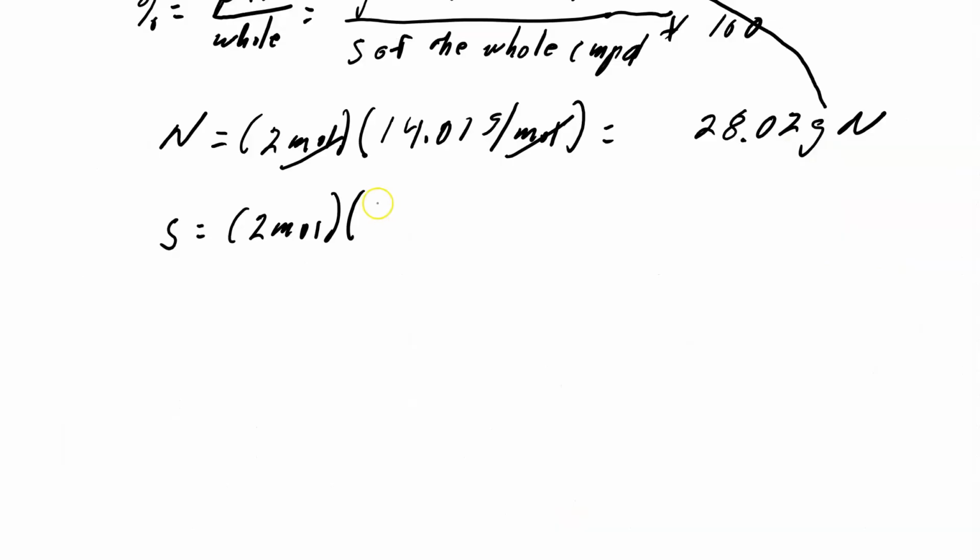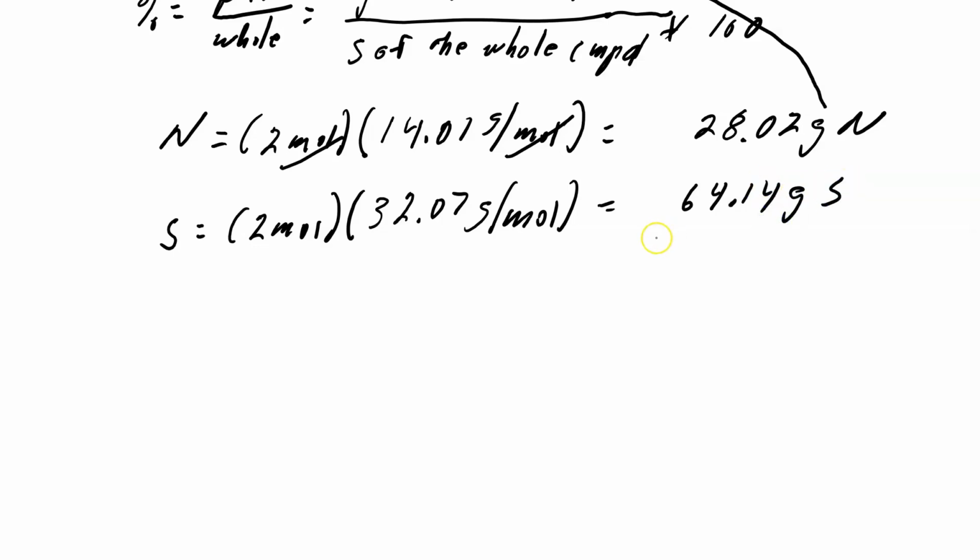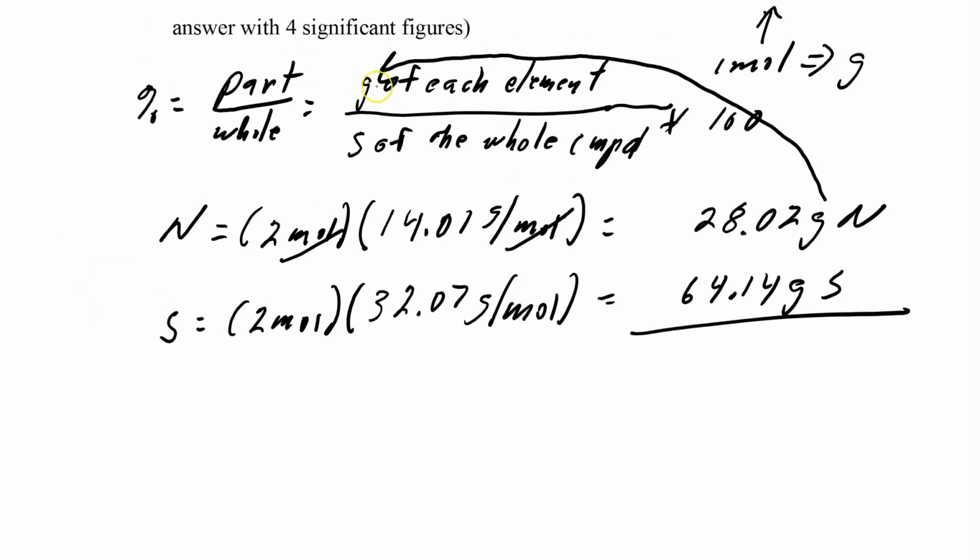So let's write that, 32.07 grams per mole. Multiplying that, we get 64.14 grams of sulfur in this compound. And again, just like with nitrogen, our numerator here in our mass percent composition is also grams, so that's going to be good to go.